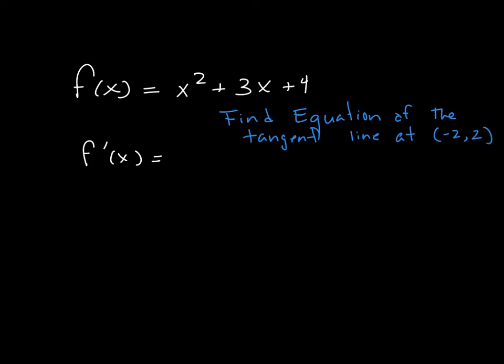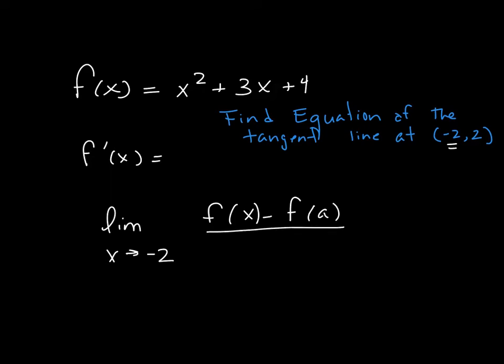So to use this limit process, what I want to do is say the limit as x approaches -2. I'm using that x value as x approaches a of f of x minus f of a, all divided by x minus a.